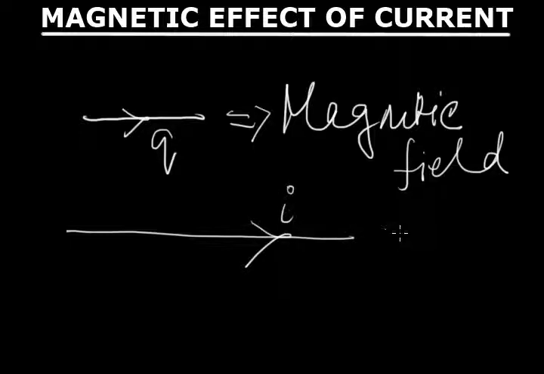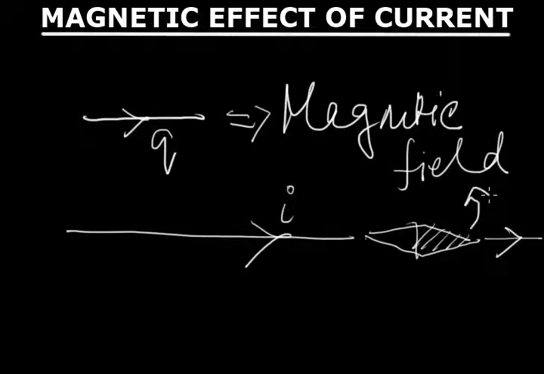Now, this existence of the magnetic field due to a current was first discovered by Oersted with the help of his famous experiment. As he placed a needle below the current carrying conductor, he found it to be deflected.